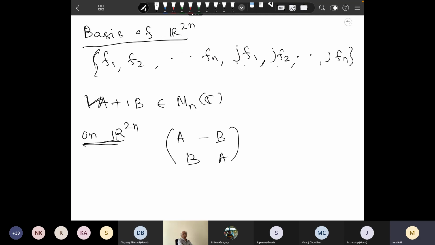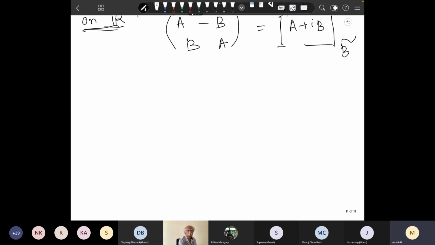This is just saying things in a very different language. A plus IB, let us call this B tilde. Saying things in a different way. Okay, so I want to give an exercise now.